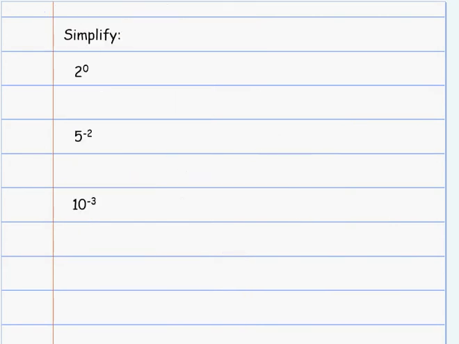Okay? So let's simplify 3 problems here. Press pause if you want to try these on your own, and then come back and see how you did. So 2 to the 0 power, remember any number as long as it's not 0 to the 0 power is 1. 5 to the negative 2 power means write the number as a reciprocal with a positive power.